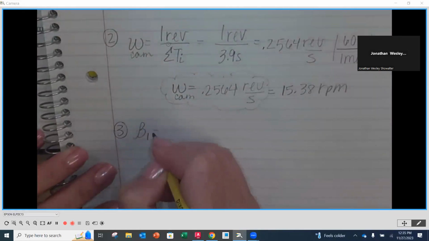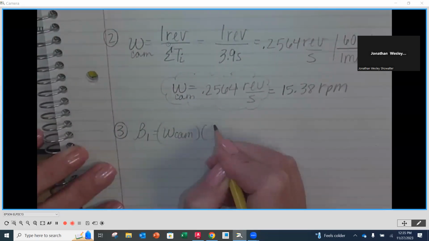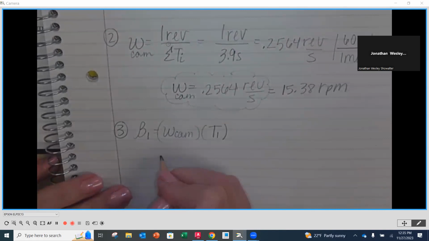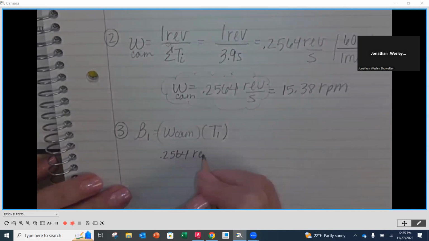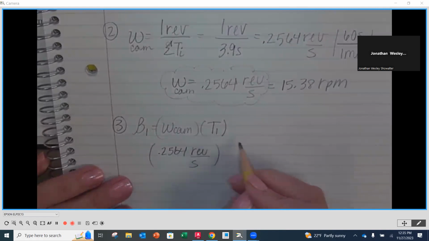So our beta 1 is going to be equal to W of our cam multiplied by our time number 1. So we know we're going to take 0.2564 revolutions per second, not the revolutions per minute, because our time is in seconds.